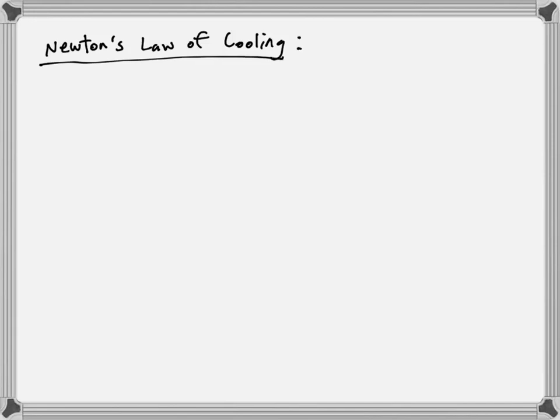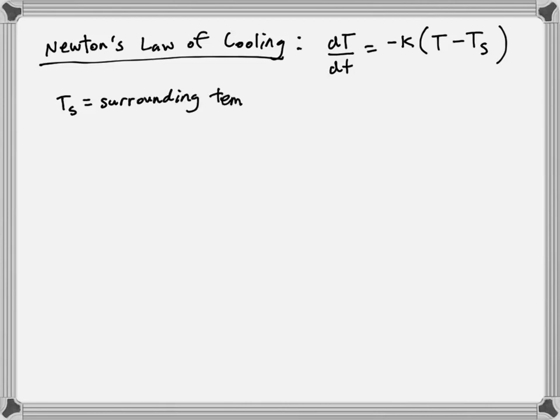Newton's law of cooling says that the rate at which the temperature of an object changes is directly proportional to the difference in the object's temperature and its surrounding temperature. So Ts is equal to the surrounding temperature, and it is a constant, okay?